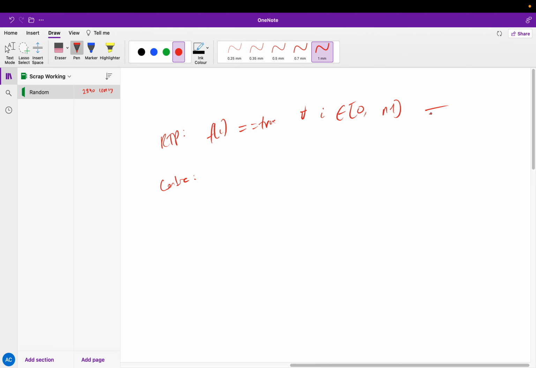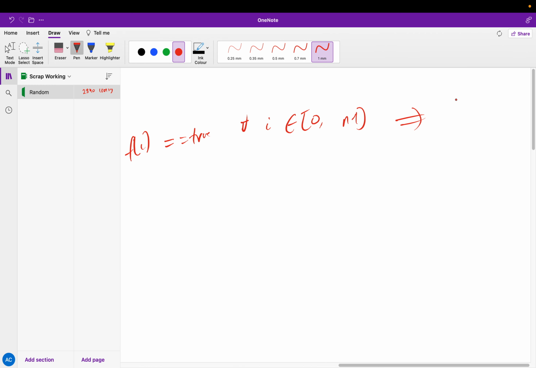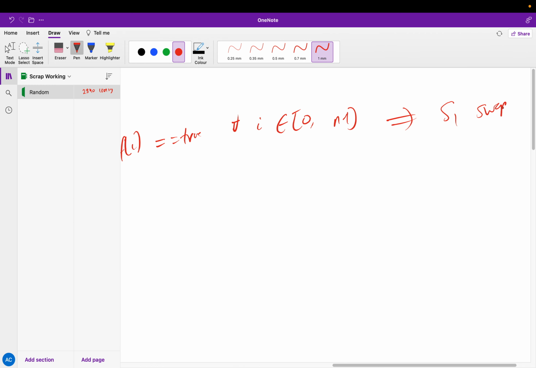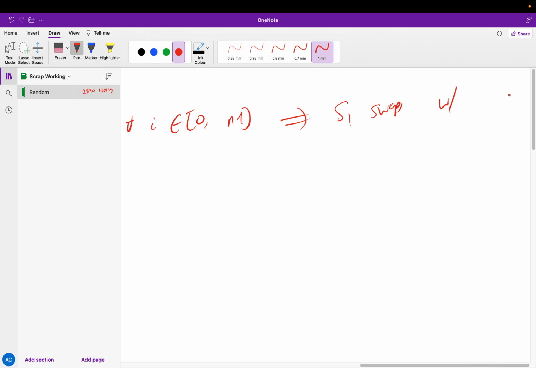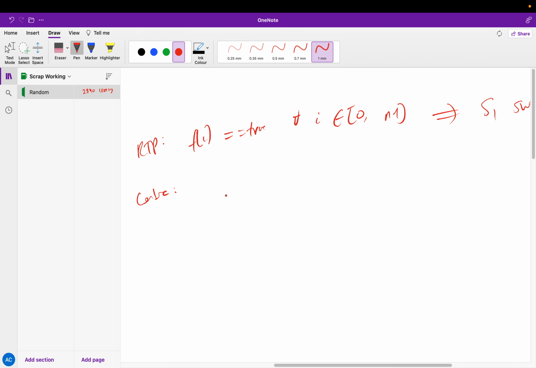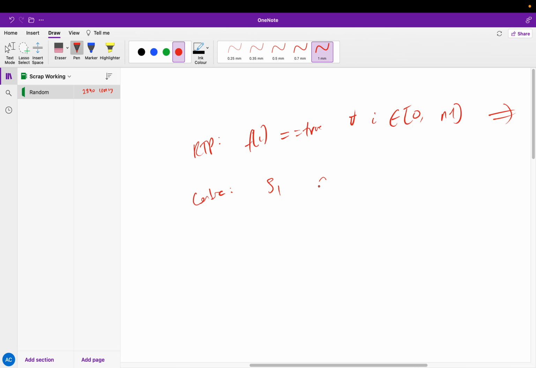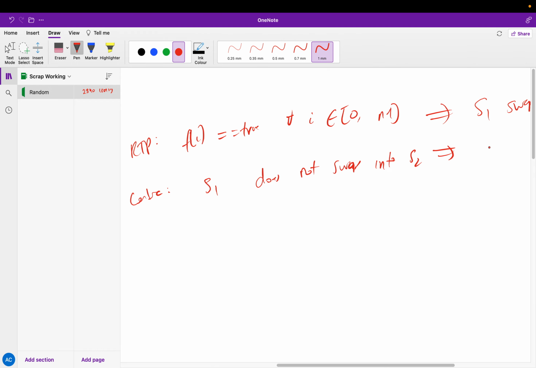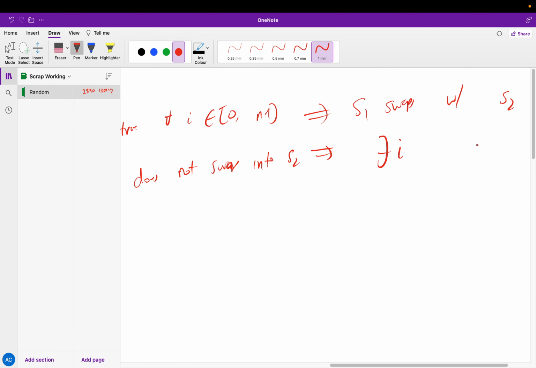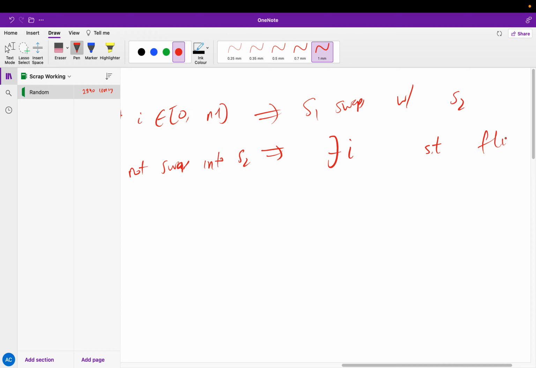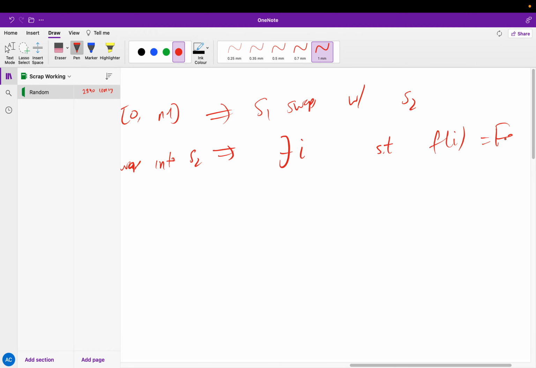So this implies that S1 transforms into S2. The contrapositive says that if S1 does not transform into S2, then there exists an i such that f(i) equals false.